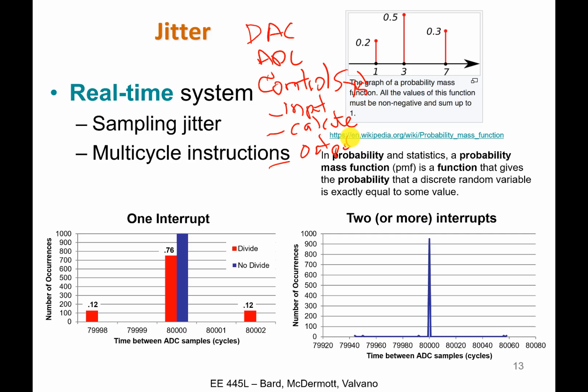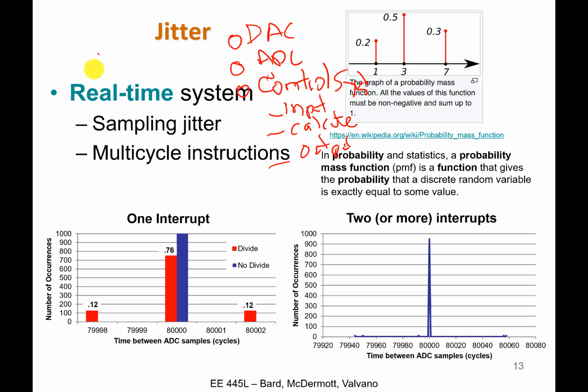Okay, a control system would do an input, calculate, output sequence. And the idea of a periodic real-time system is that the time in which I do this event, output to the D to A, input from the A to D converter, or run the control system must be exactly periodic.